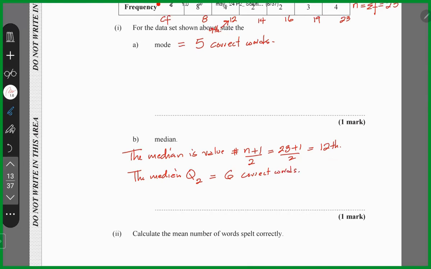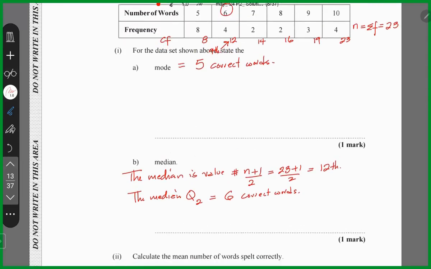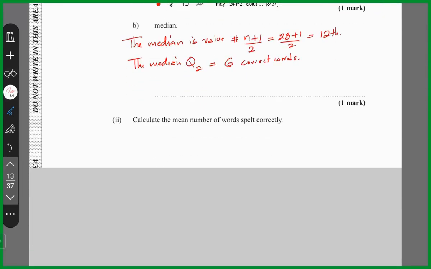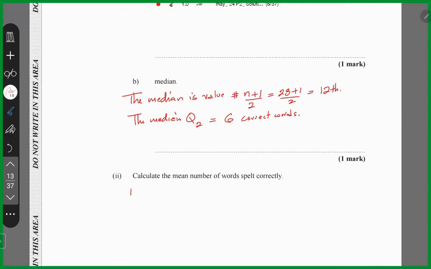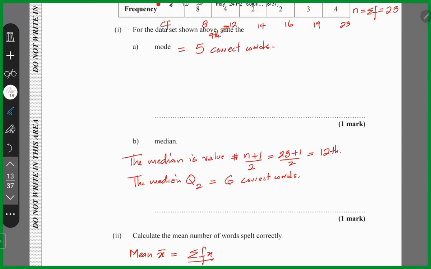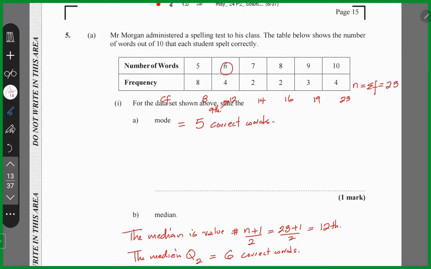We're to calculate the mean. Now, to calculate the mean, x bar is equal to the sum of fx over n. So fx is frequency times value. So let's put in fx.